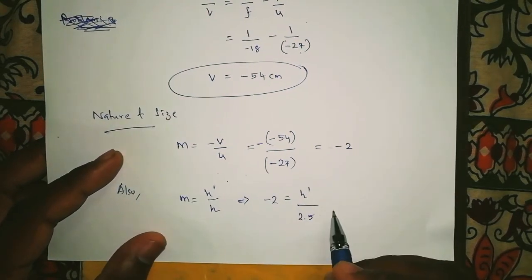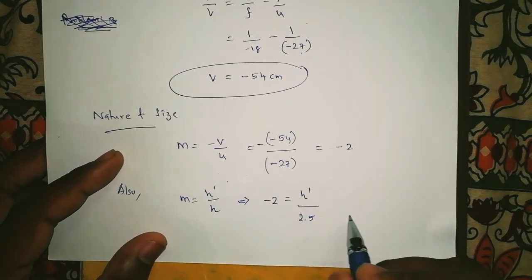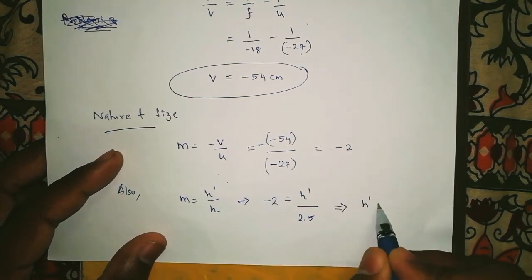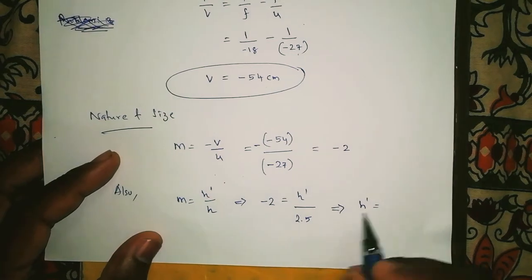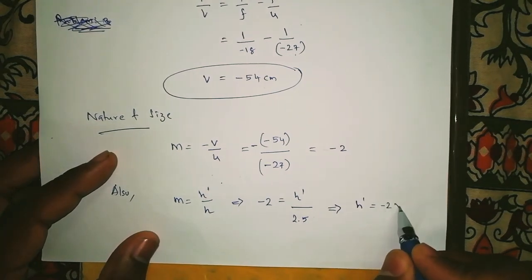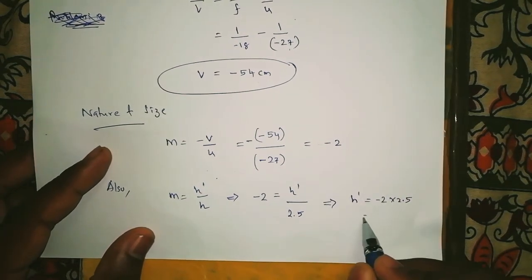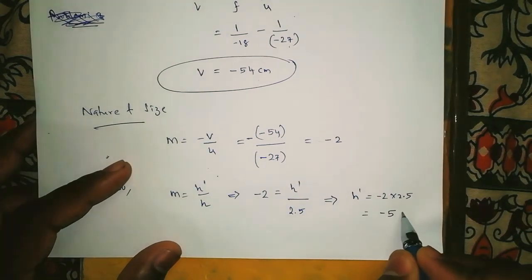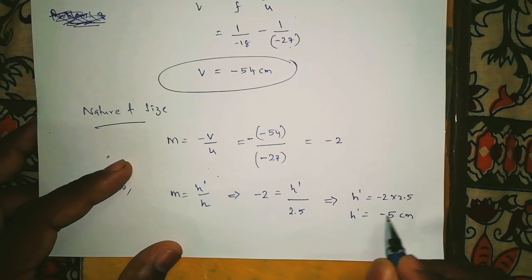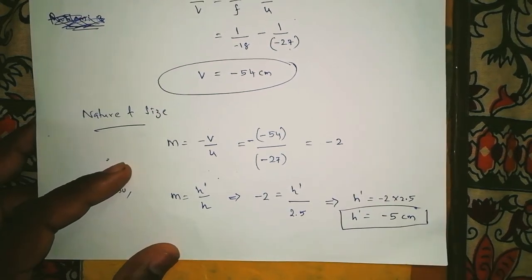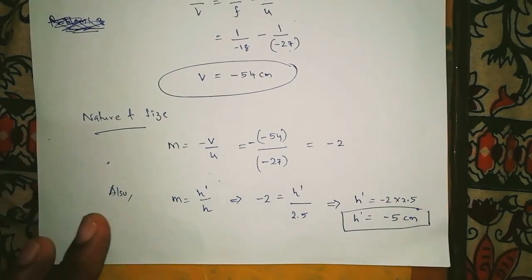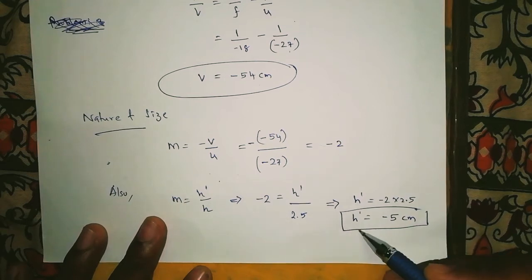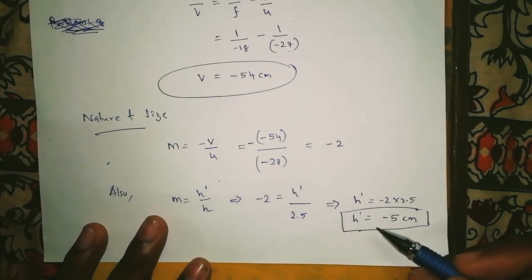Since everything else is known, we need to find h dash, so put it all on one side. H dash is equal to minus 2 into 2.5. So it becomes minus 5 centimeter. So h dash is nothing but minus 5 centimeter. What are we finding from this? This is the height of the image.